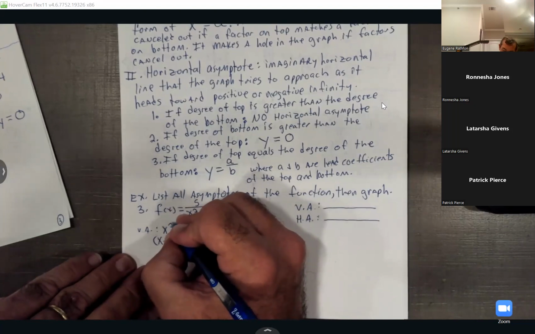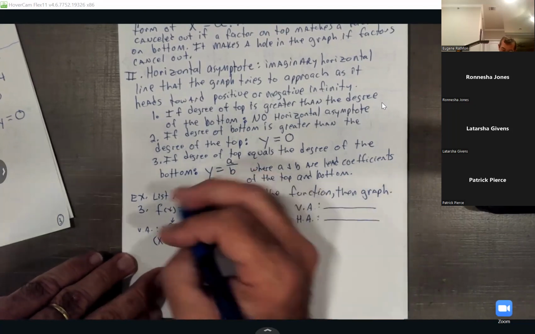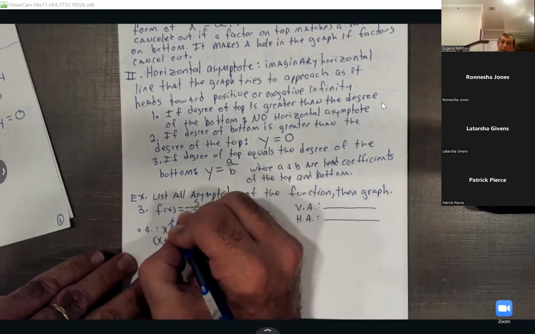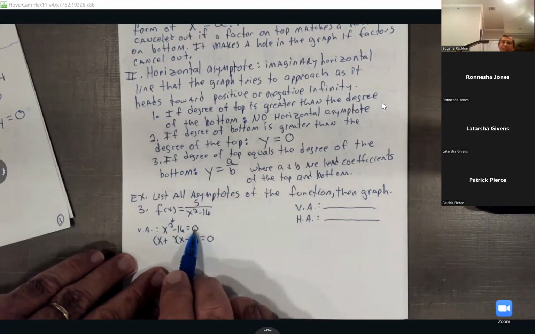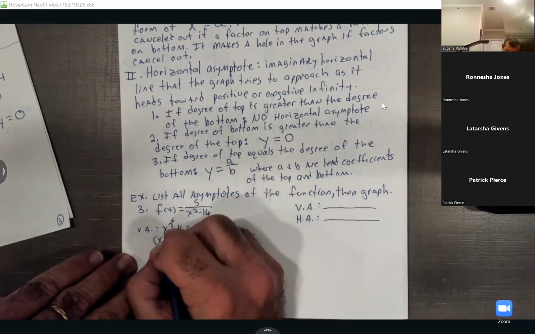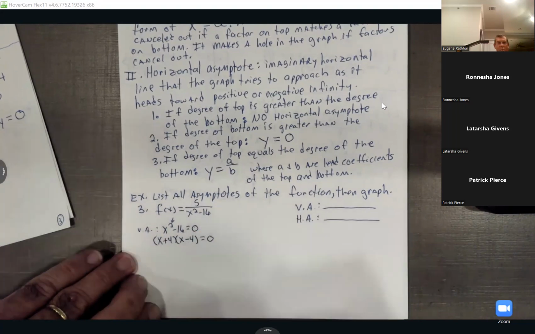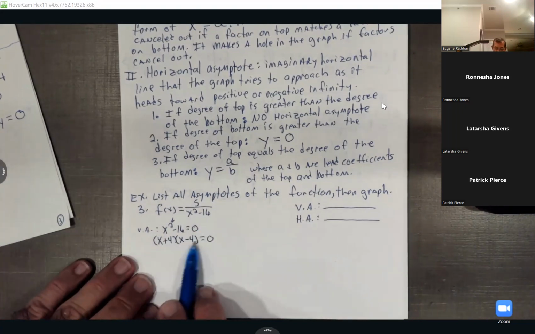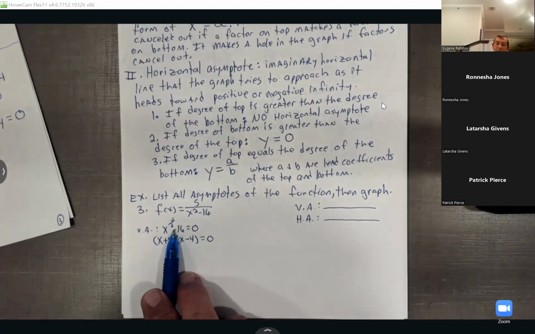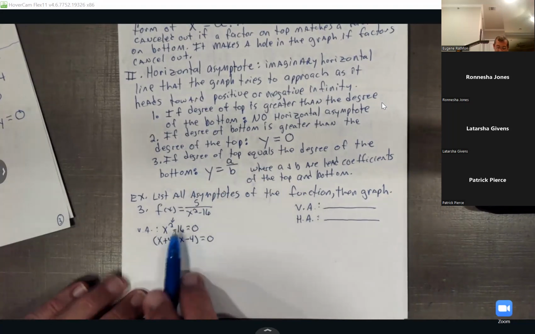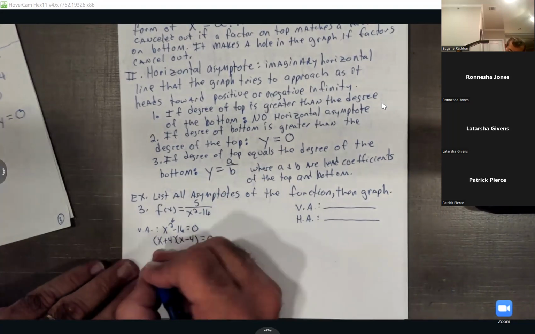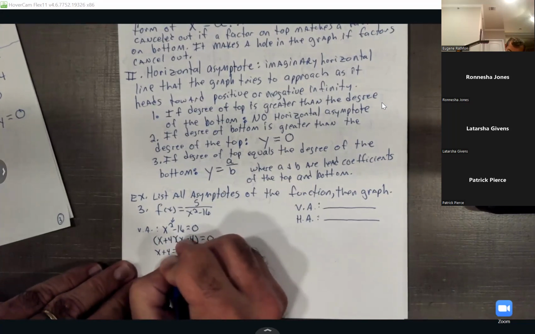And remember, since there's not a number in the middle for my x, the middle would be a 0x. So find factors of 16 that subtract and get 0, and that is definitely going to be a 4 and a 4. So 4 and negative 4 give you 0. Well, the x is gone, so it's 0. And then 4 times negative 4 give you that negative 16. Good job.